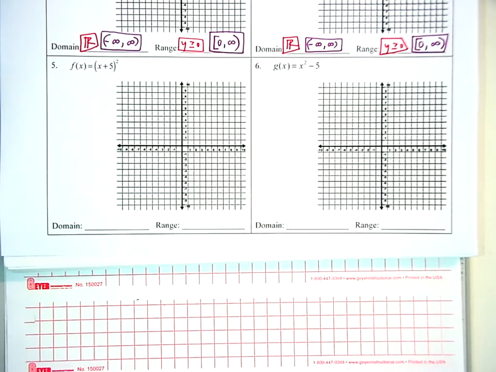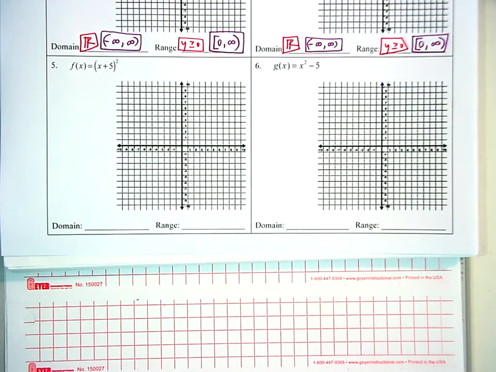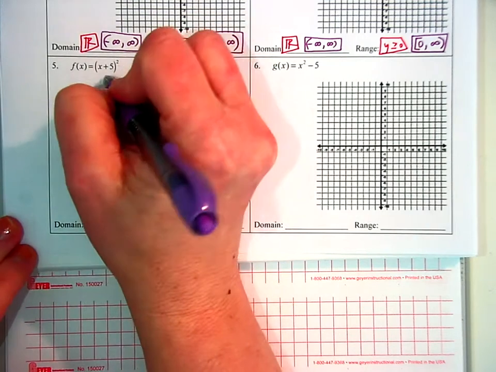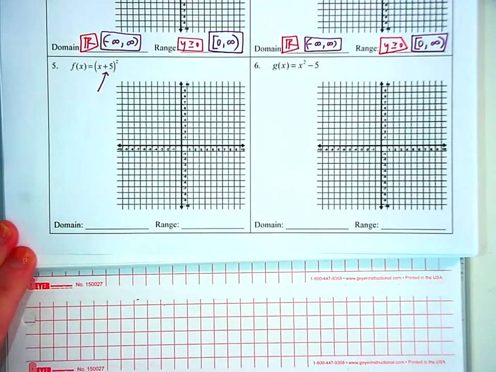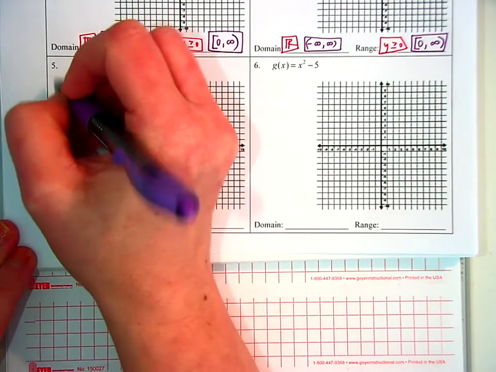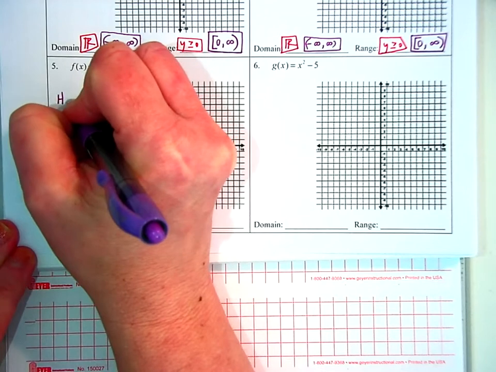All right, so next up here, we see our first translation. So translations, we're moving left, right, or up, down. So when we're on the inside of the function, inside of those parentheses for the quadratic function, that signals to us that we're sliding left or right. So it's a shift left or right. And it's always the opposite of what it appears. So right here, when it reads as x plus 5, that is telling me that it's a horizontal translation.